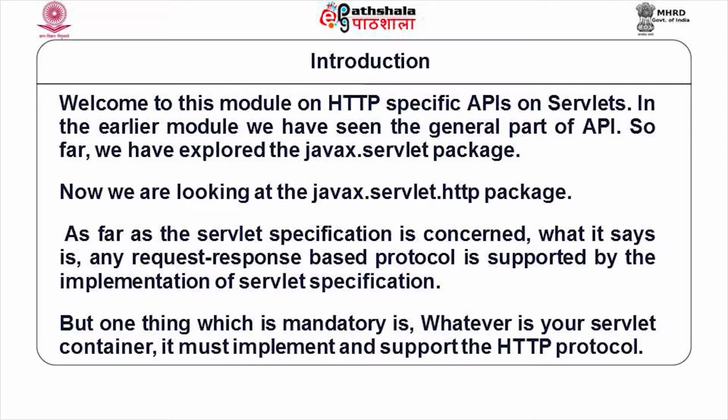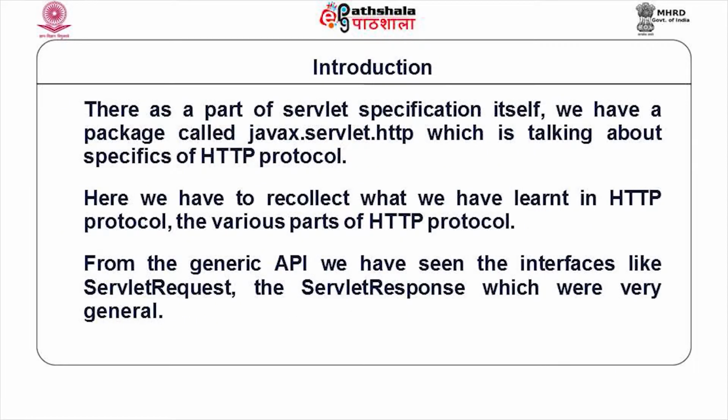It says any request-response based protocol can be supported by an implementation of the servlet specification, but one thing which is mandatory is that all servlet containers must implement and support the HTTP protocol. Therefore, it is part of the servlet specification itself that we have the package called javax.servlet.http, which talks about specifics of the HTTP protocol.